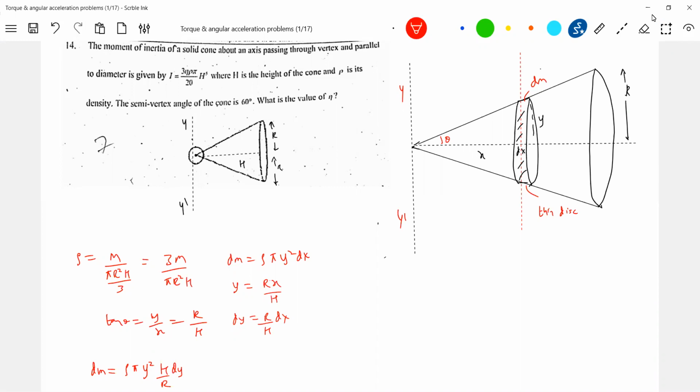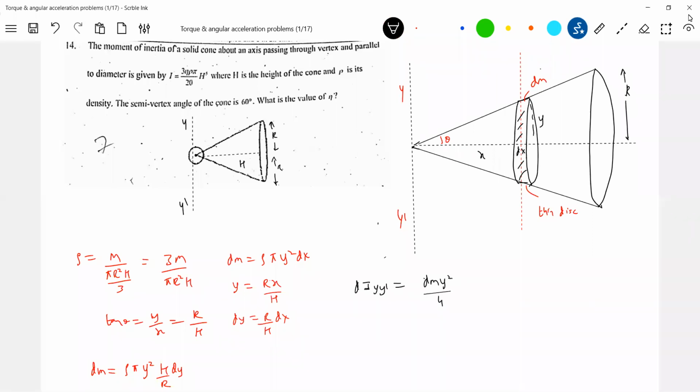Now, okay, fine. But how to get the moment of inertia? You didn't ask to get all these things, no? That is asking moment of inertia. So first I'll find out the moment of inertia of this thin disk about axis y dash using the parallel axis theorem. Then I'll integrate and get the total moment of inertia. So dI y dash should be equal to, first about its parallel axis, dm y square by 4.